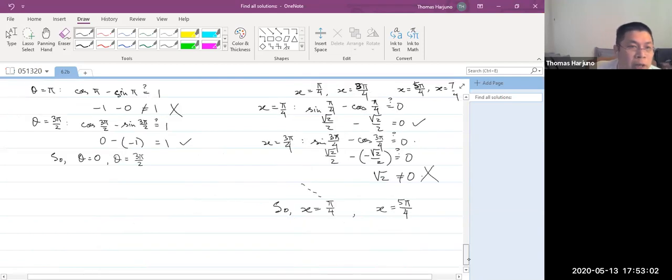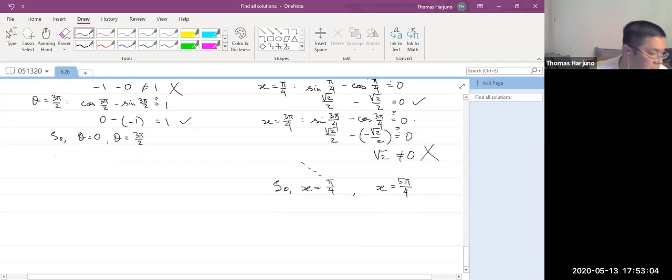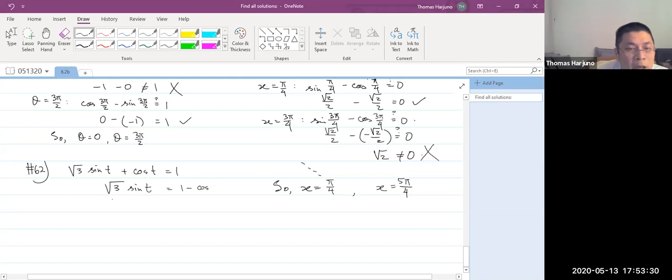But between now and then, I want you to use the same method here to solve number 62. Number 62, square root of 3 sine t plus cosine t equals 1. Let's have the sine t on one side equals 1 minus cosine t, and then square both sides.